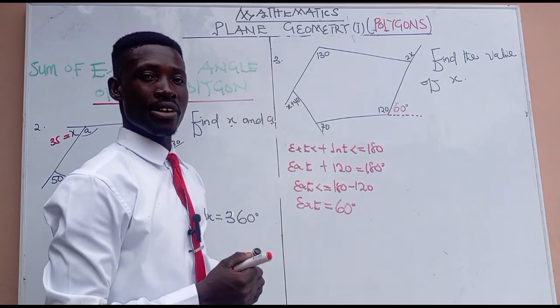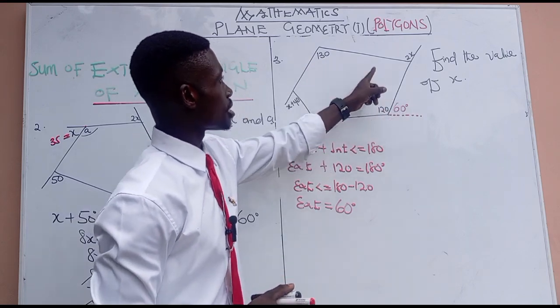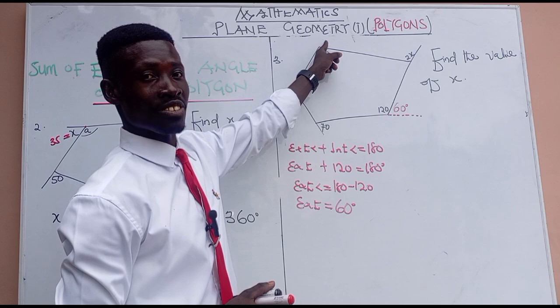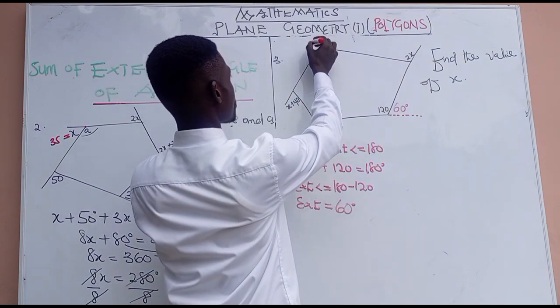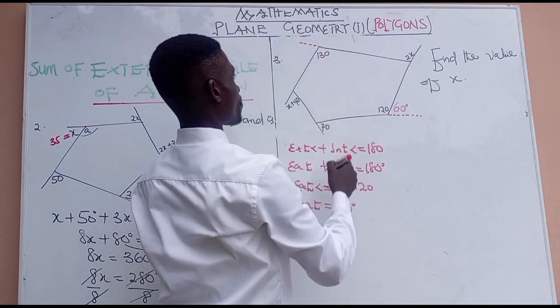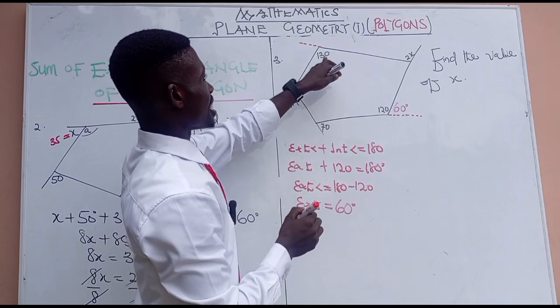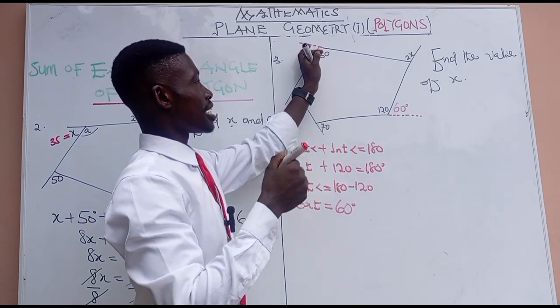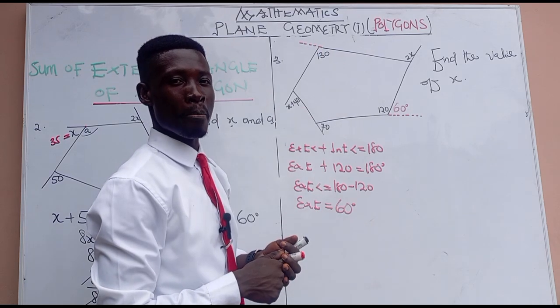We want to use the exterior angle to find the value of x. We've done with this one. We have to find the exterior angle at this very point too. So we have to extend the line. So this becomes our exterior angle. We know that the interior angle plus its corresponding exterior angle gives us 180. So what will be the angle here? 50.